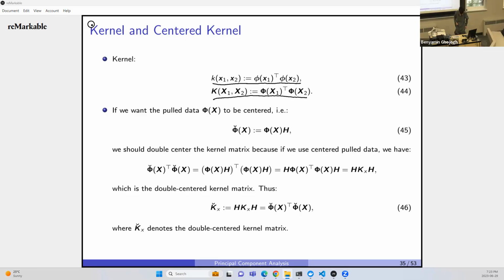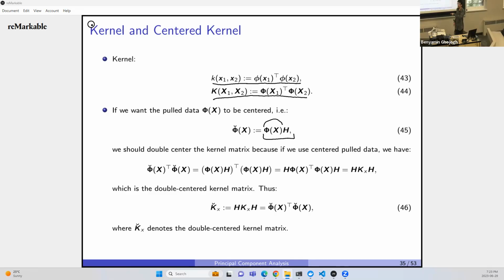Then how do we do that? Recall preliminaries. In order to remove the mean of the columns, because the data are column-wise, right? I have put the data points column-wise. X is column-wise, so phi of X is column-wise, right? In the Hilbert space. Then, in order to subtract the mean of the columns from the columns, recall preliminaries. We can multiply the matrix by H, and H is the centering matrix.